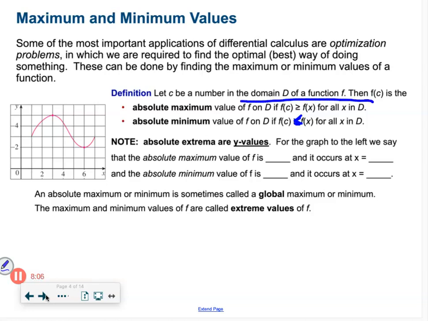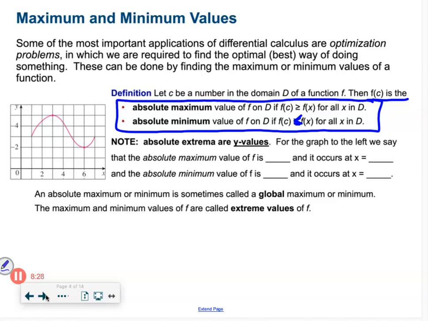So these 2 things, if C is some number in the domain of F, then F of C is the absolute max of F on its domain if F of C, the y value at C, is greater than or equal to F of X for all x's in the domain of the function.